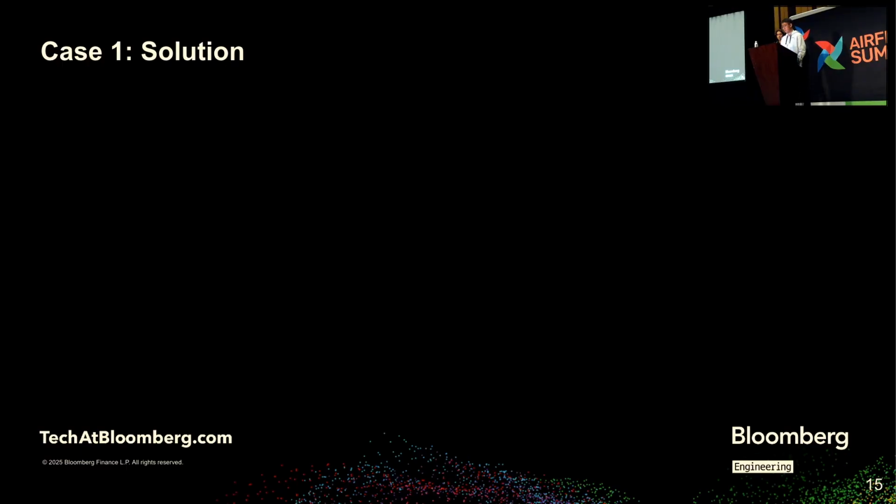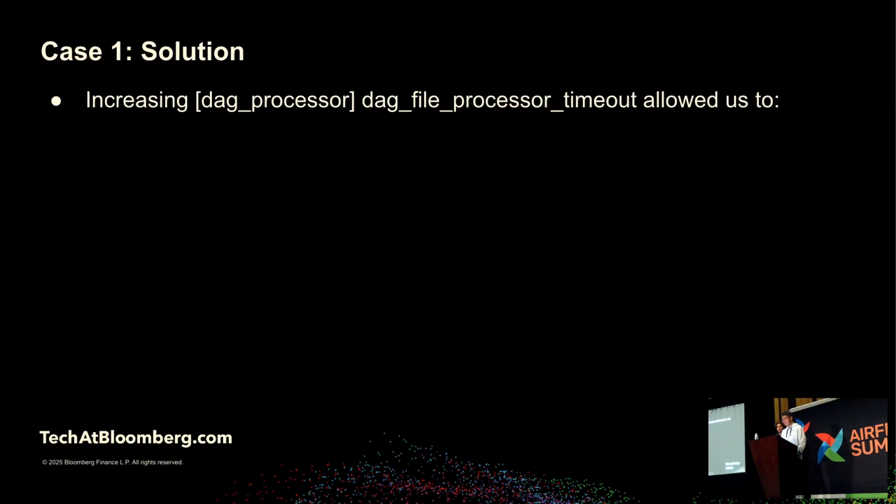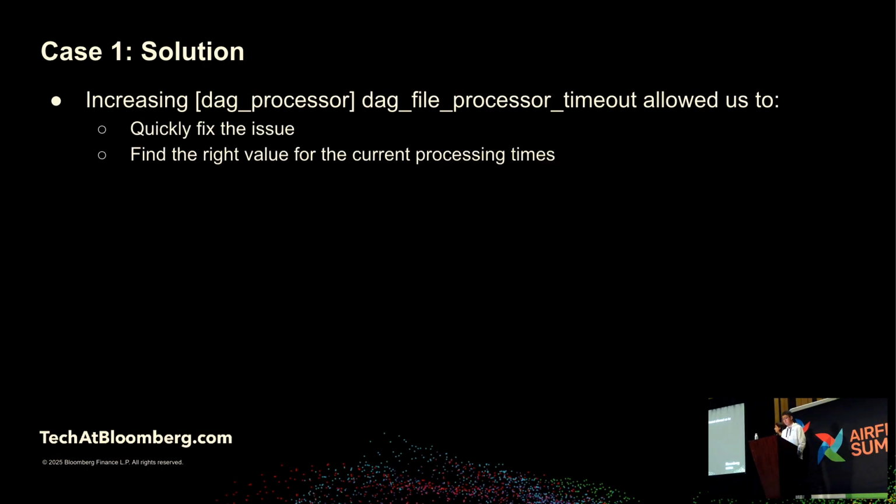So a couple of key points here. Increasing the DAG file processor timeout to 500 allowed us to do a couple of things. First, it gave us a quick fix for the issue. Second, it allowed us to later lower the value to a more appropriate level, as the 500 was just for debugging purposes.